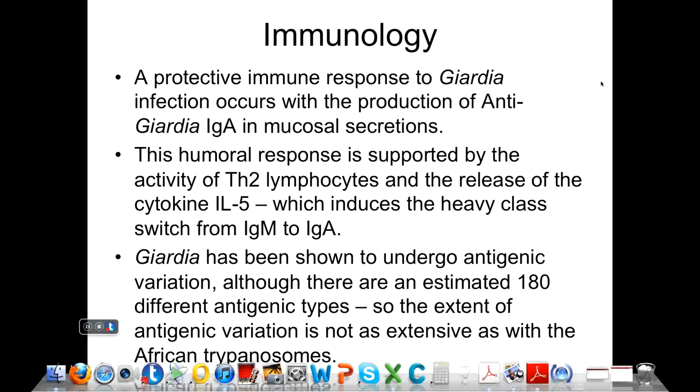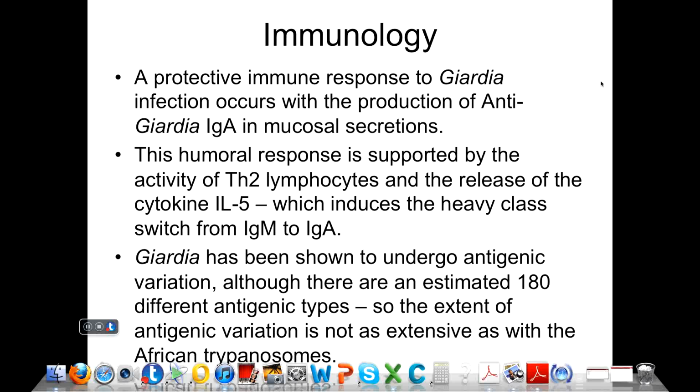In terms of the protective immune response to Giardia, this is an extracellular parasite that replicates in the small intestine and is attached to the mucosa. So consequently then, really only the humoral response can be a protective response. So we're talking about antibodies.